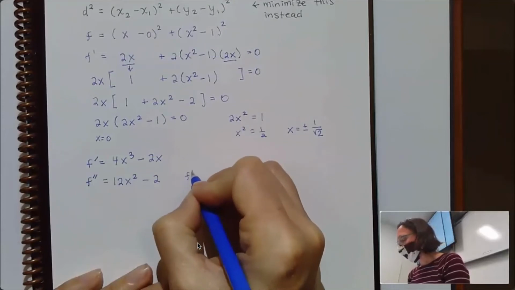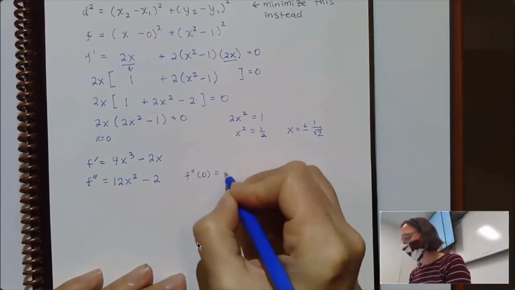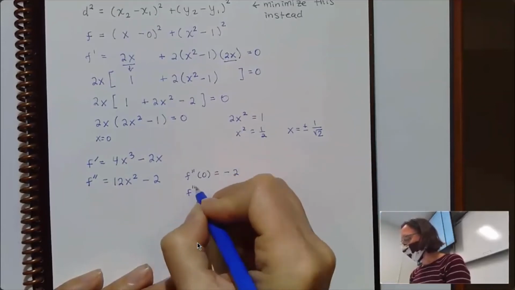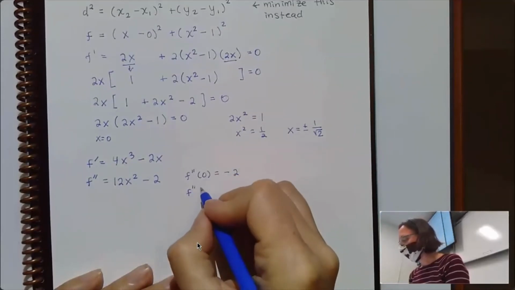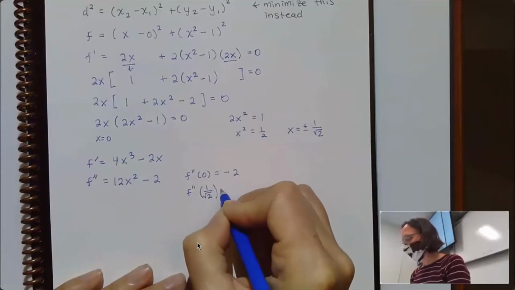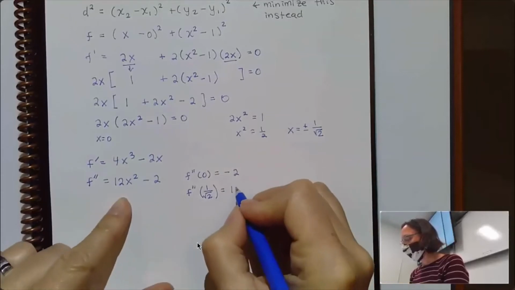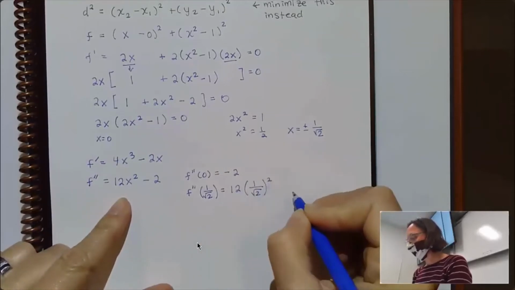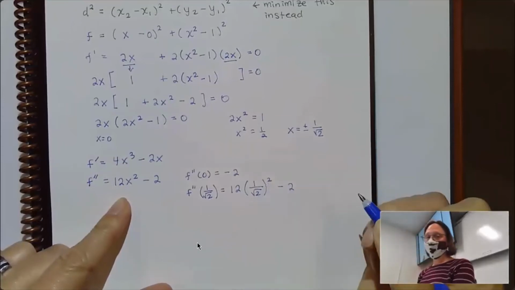So f double prime of 0 would be -2. F double prime of 1 over the square root of 2. So that's 12 times 1 over the square root of 2 whole thing squared minus 2.